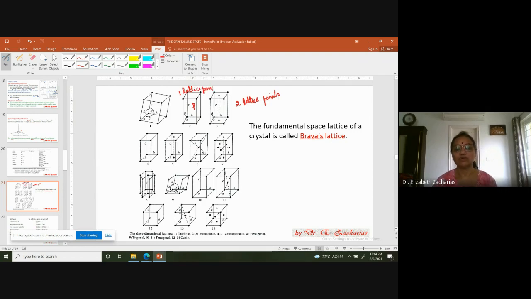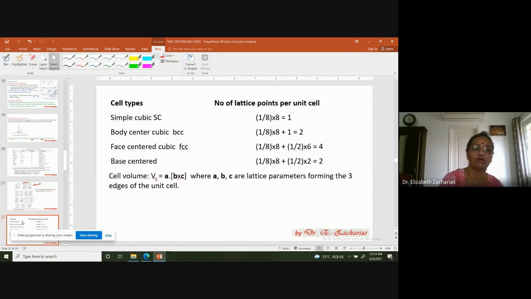This way you could just go through and get all the 14 Bravais, 3-dimensional Bravais lattices. So symmetry operations on these can generate any crystal. So in conclusion, the cell types are simple cubic, body-centered, face-centered, and then of course base-centered.